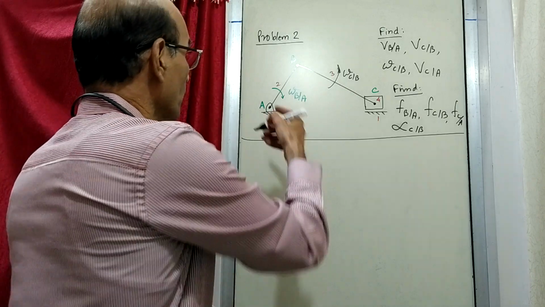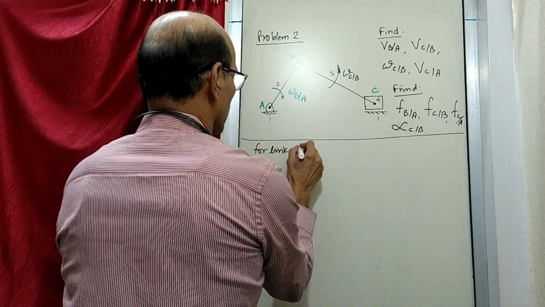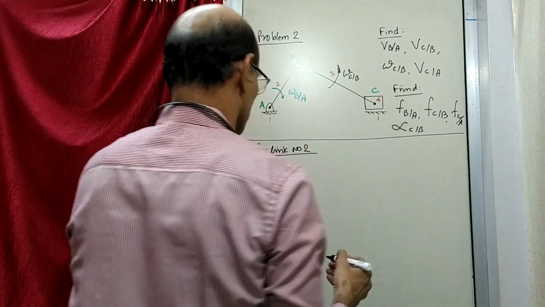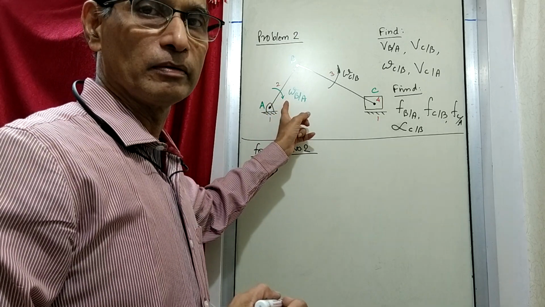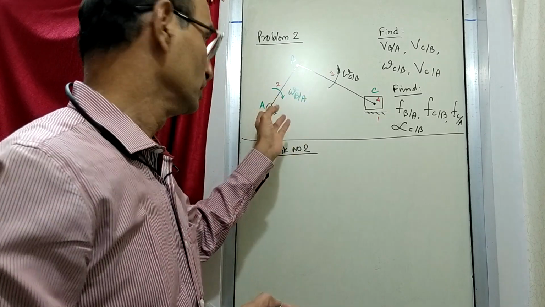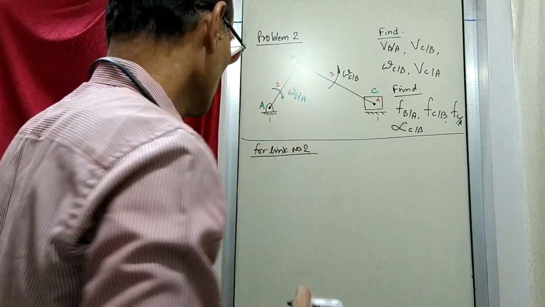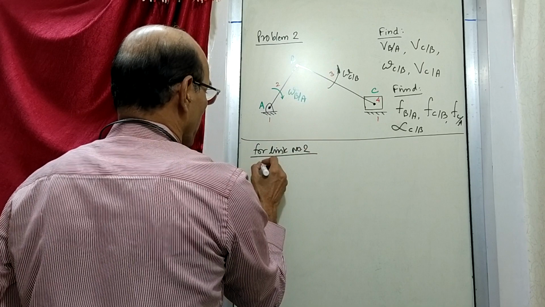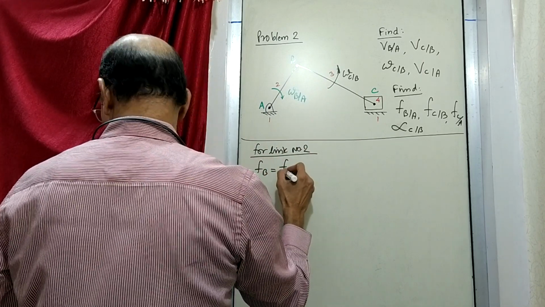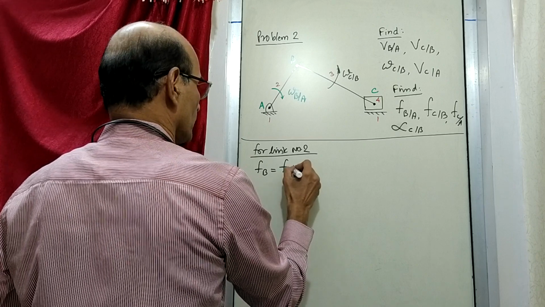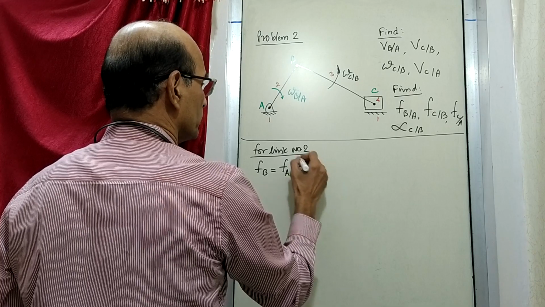So we begin from link number 2, where omega is given, alpha is not there, that means this is rotating with constant angular velocity. So we say that acceleration of any point is equal to acceleration of a known point plus acceleration of unknown with respect to known.